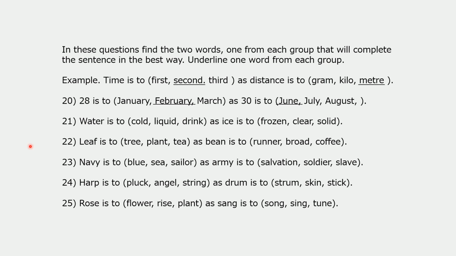So we think that the first word that is outside the brackets, water and ice, is an object, while the words inside should be the physical type of object. So, water, as we know, could be cold or hot. So we can rule out cold.